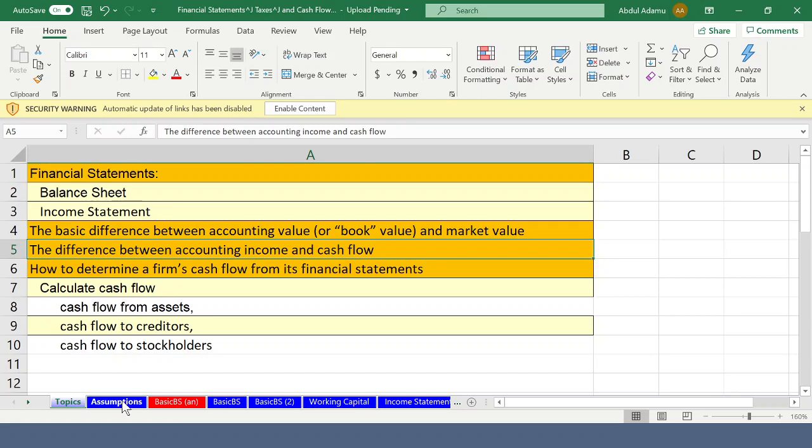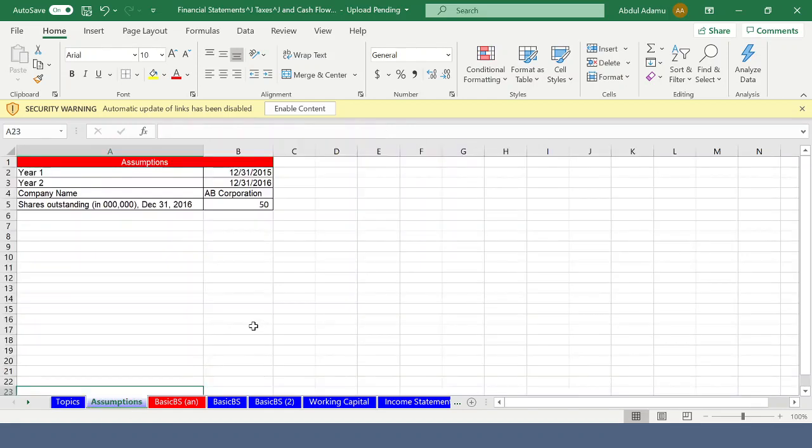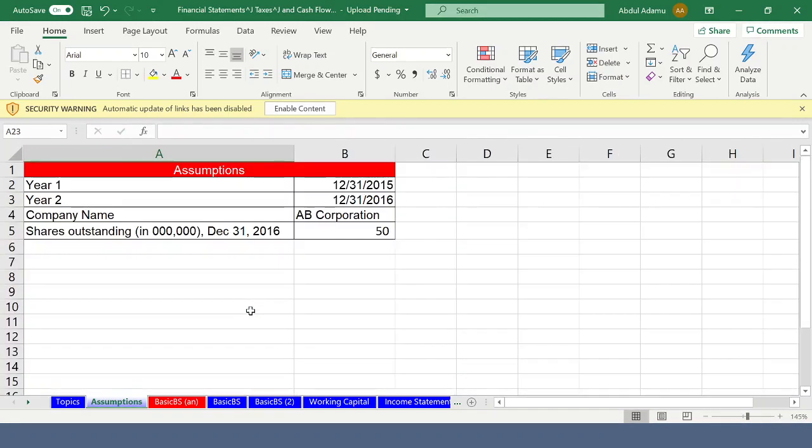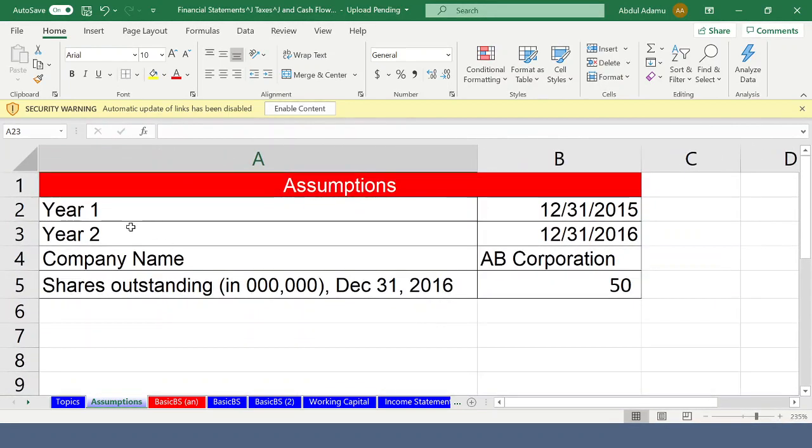So the first thing here is the assumption of the class. The assumption of this class, we have 2 years, 2015 and 2016. The company name is AB Corporation. Then the number of shares outstanding as at December 31st, 2016 is 50 million.